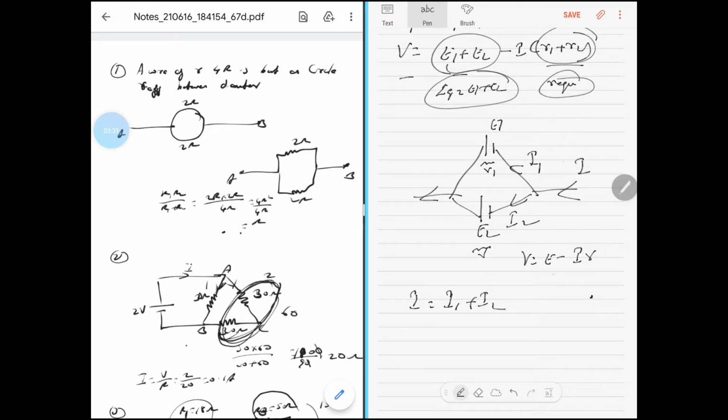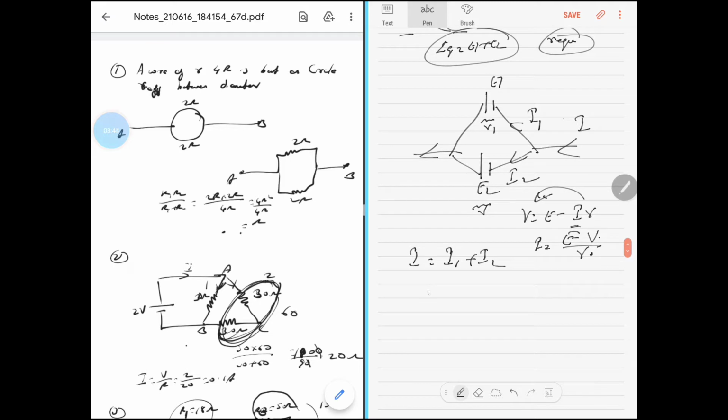So then you write an expression for I here, which is E minus V by R. Taking this side, E minus V by R will be I, correct? Let's apply that in this case. I1 will be E1 minus V, because V is anyway a constant, only E1 and E2 are differing, correct? The potential across a parallel connection is always constant.